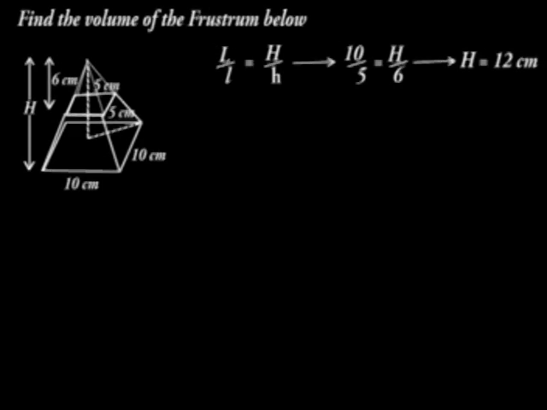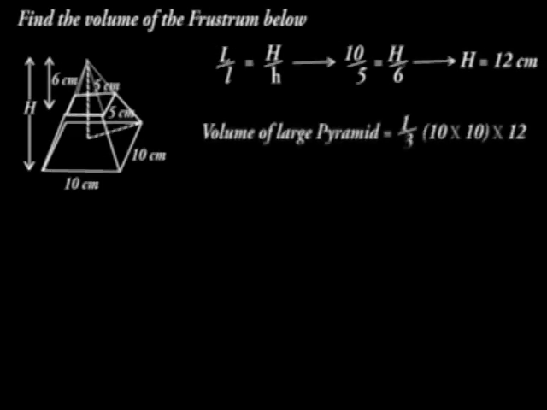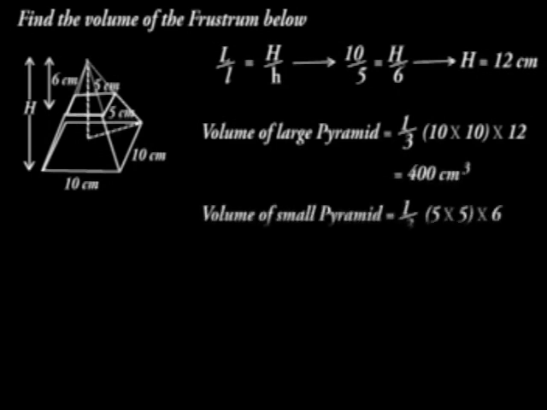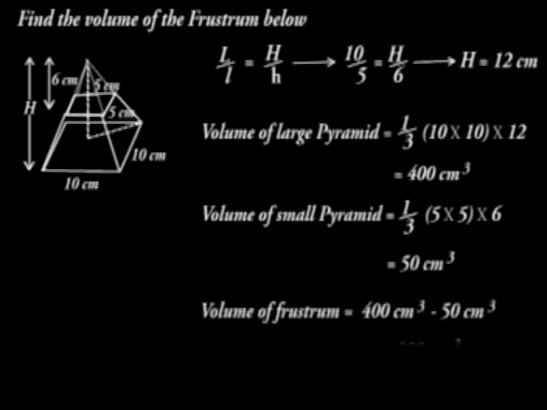Volume of the larger pyramid is a third times 10 times 10 times 12, which is 400 centimeter cubed. Volume of small pyramid is a third times 5 times 5 times 6, which is equal to 50 centimeter cubed. Volume of the frustrum is 400 minus 50, which is 350.